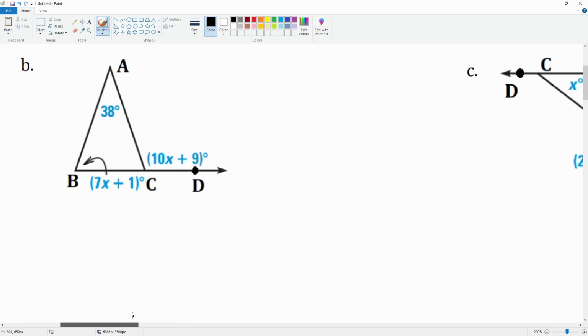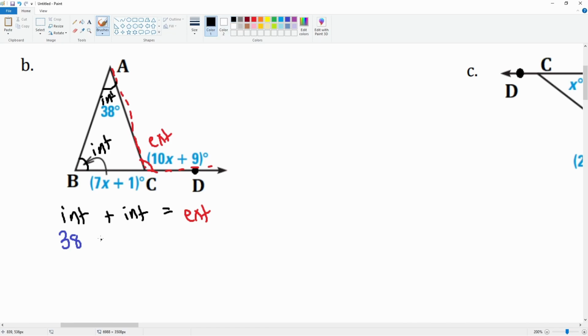All right, let's look at B here. Notice A, C, D are all the exterior angles here. The 38 here is an interior, and the B here is also an interior. We know the formula is interior plus interior is going to be equal to the exterior. The first interior is going to be 38 degrees.